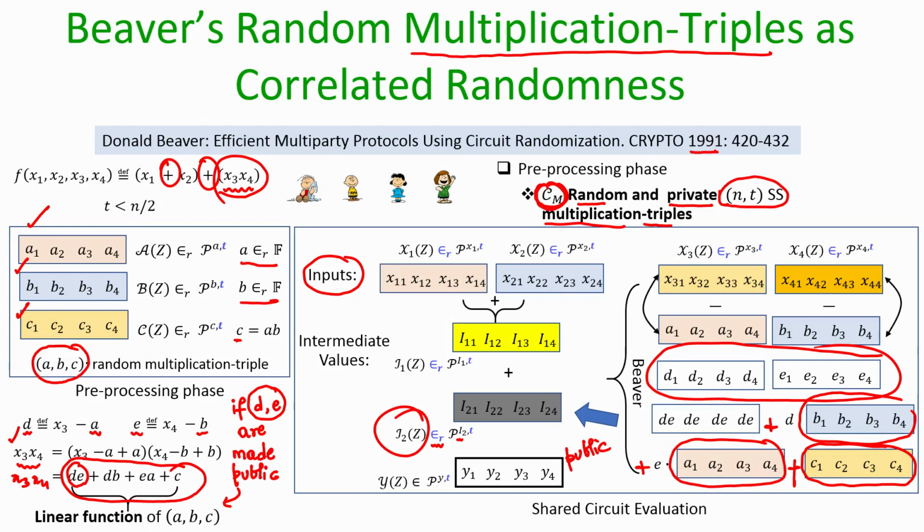Now, in this whole process, the privacy of x 3 and x 4 is maintained. Why?